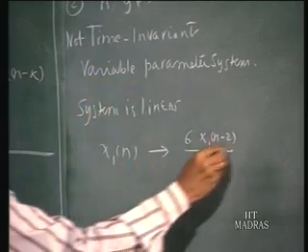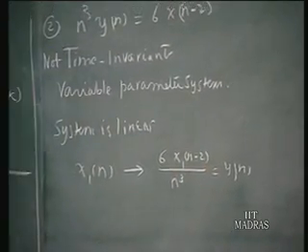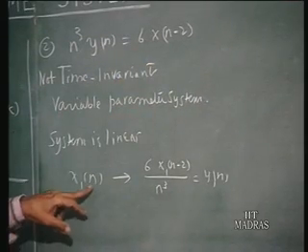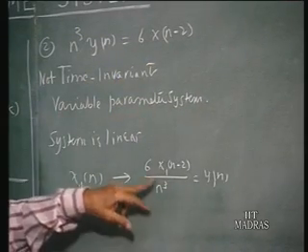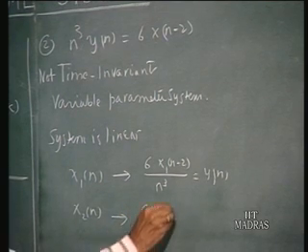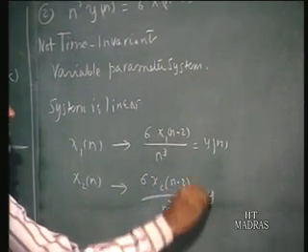That is your output y1 of n. So n cubed times y1[n] should be 6 times x1[n minus 2]. Suppose I have x2[n] as a new input, you will naturally get 6 x2[n minus 2] divided by n cubed, and that will be y2 of n.